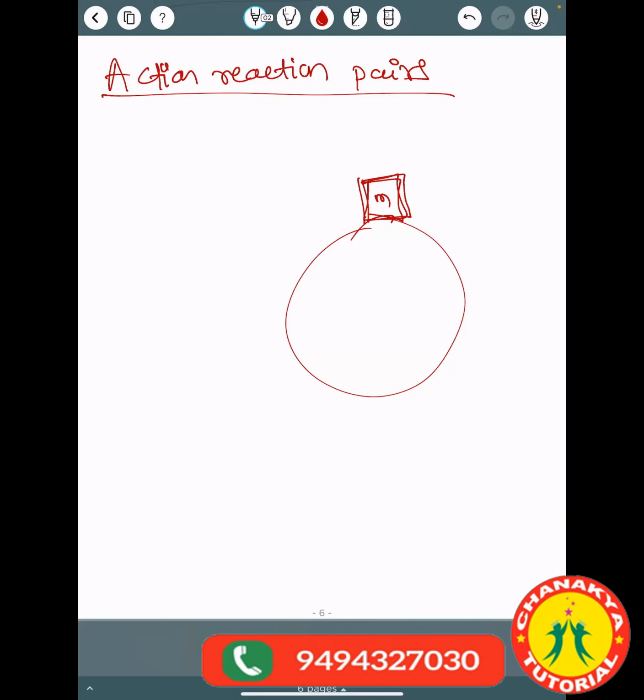Gravitational force and normal force. Since it is not going inside the earth, there has to be some force acting on this mass that will be equal to the gravitational force, that we call normal force, right? So are mg and normal force action reaction pairs?